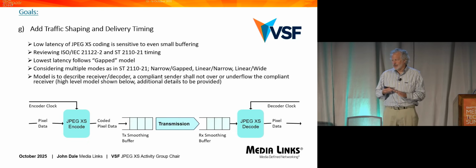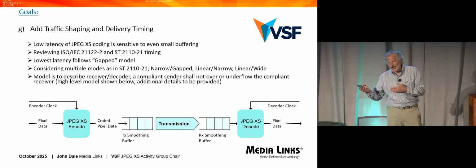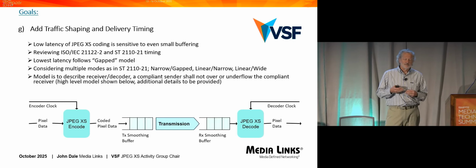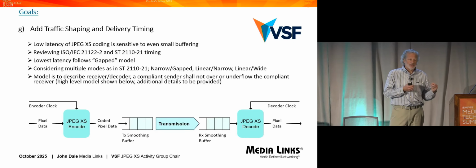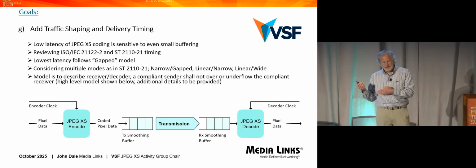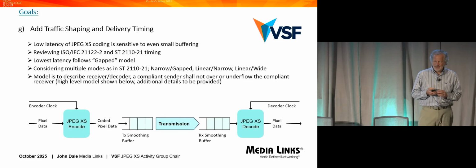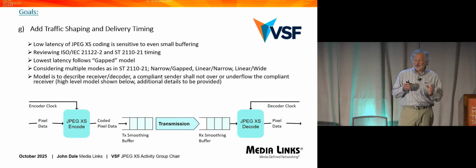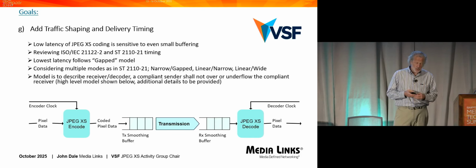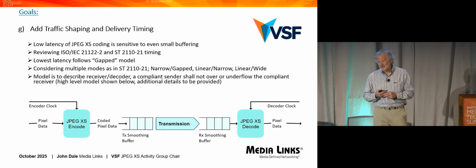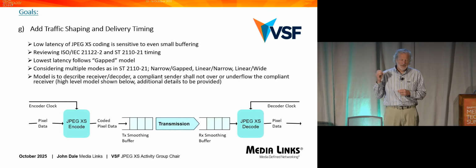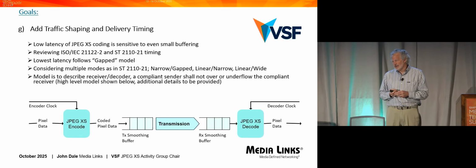So we're putting this model into the TR so that implementers can build their transmitters so that the decoder can receive them. We will still have some flexibility, and this goes back to looking at how 2110 dealt with the receiver model for a gapped or a linear transmission.